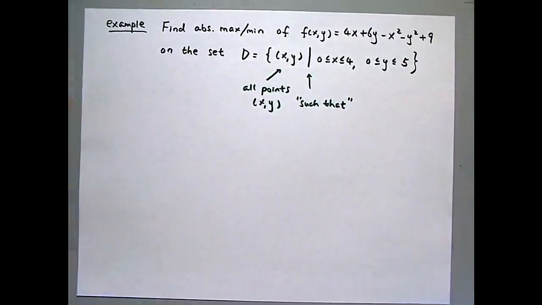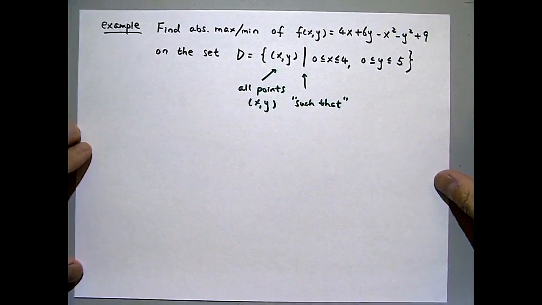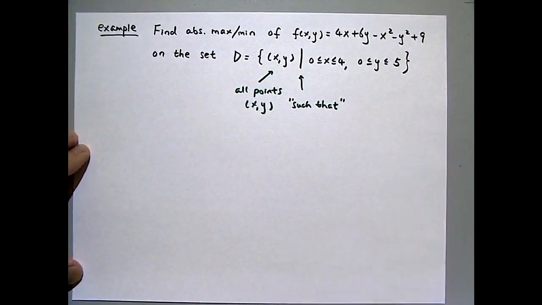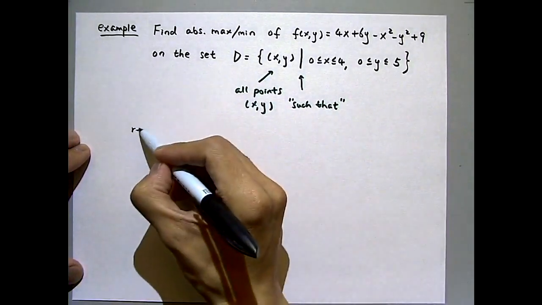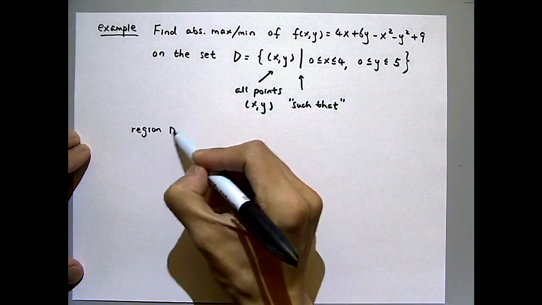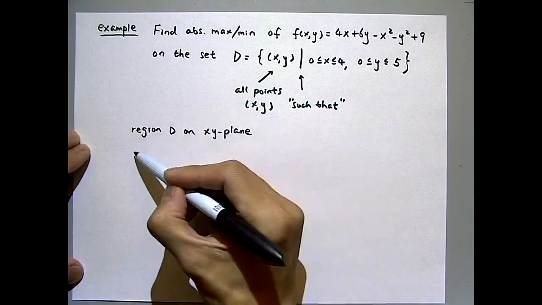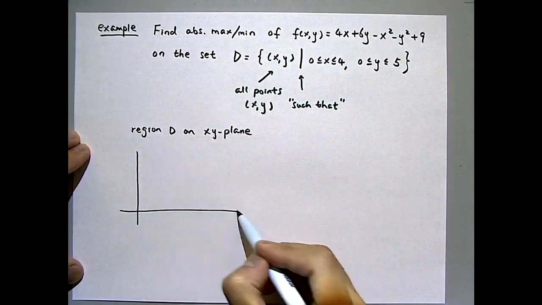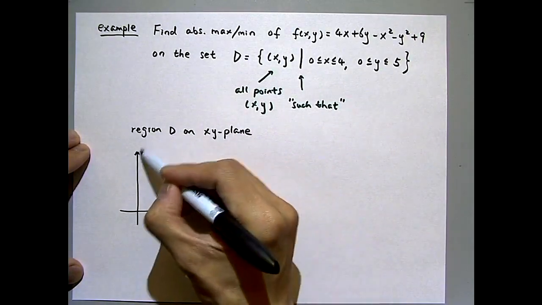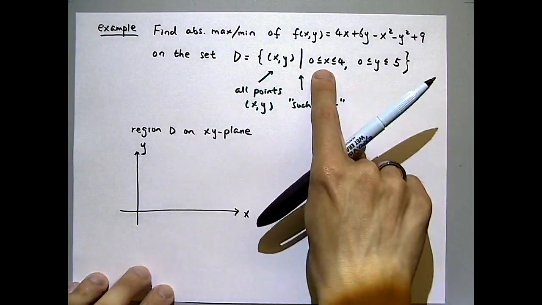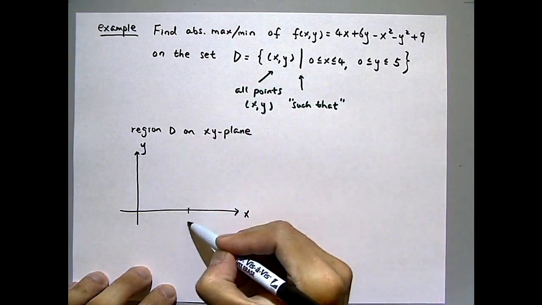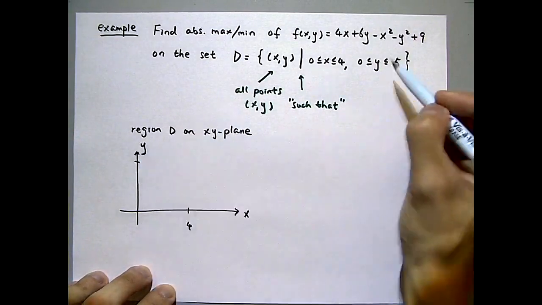So I'll put a picture here, and we'll carry out the steps that we have to do. Okay, let's look at the region D on the xy plane. We're talking about x from 0 to 4. Let's say 4 is over here. Y is from 0 to 5.